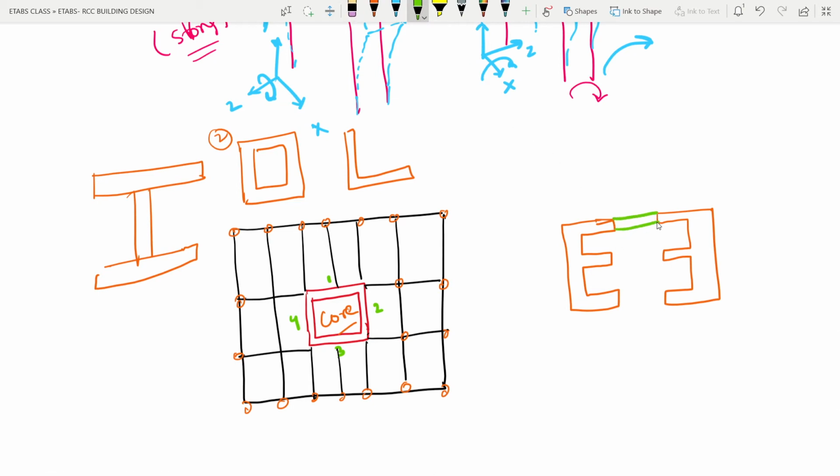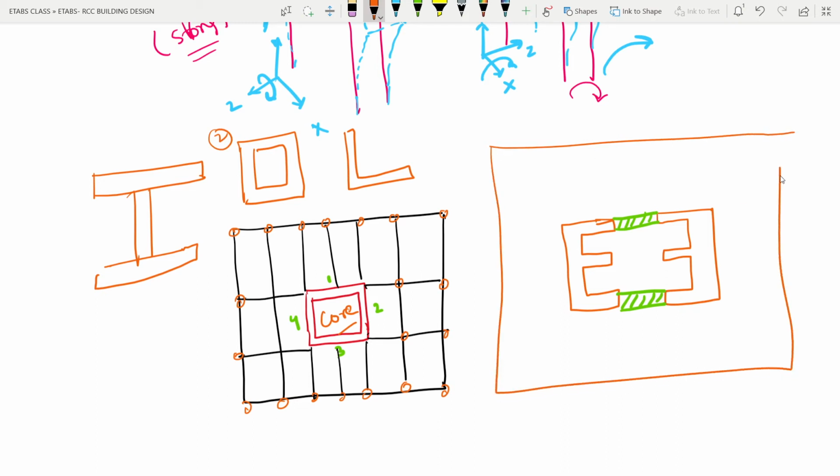Here we will be giving the coupling beams. Now it has become a core with coupling beams, and then we will be creating the total structure around it. This is at the center, these are the lifts, and this will also be acting as the lateral load resisting system for the structure, and we will be providing the beams and columns.